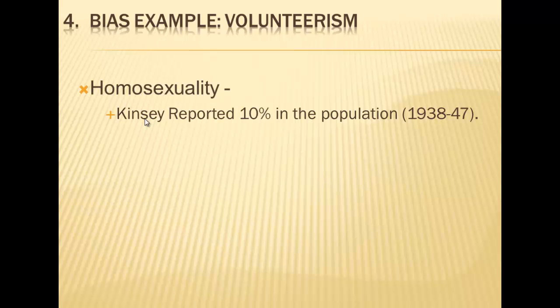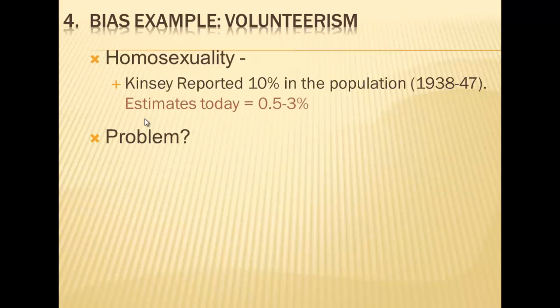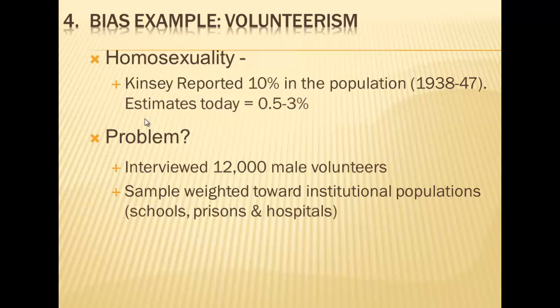He is a famous sexual deviance researcher, and according to his research, he reported that 10% of the U.S. population was homosexual. Estimates today are much lower. What happened? Well, first of all, he interviewed volunteers, and secondly, he only sampled from 3 particular places in the country.